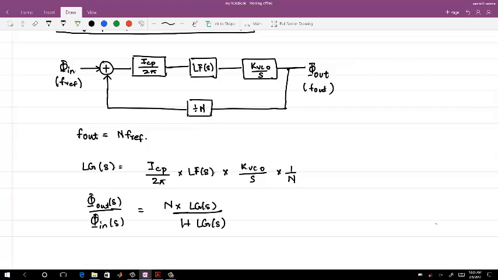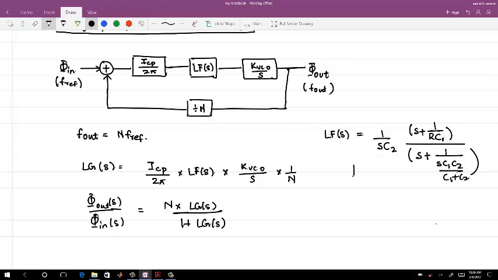We have seen how we get all the parameters for the loop filter. I will also write it here: S C2 into S plus 1 by R C1, just a recap of what we saw the other day, with C1 C2 by C1 plus C2.